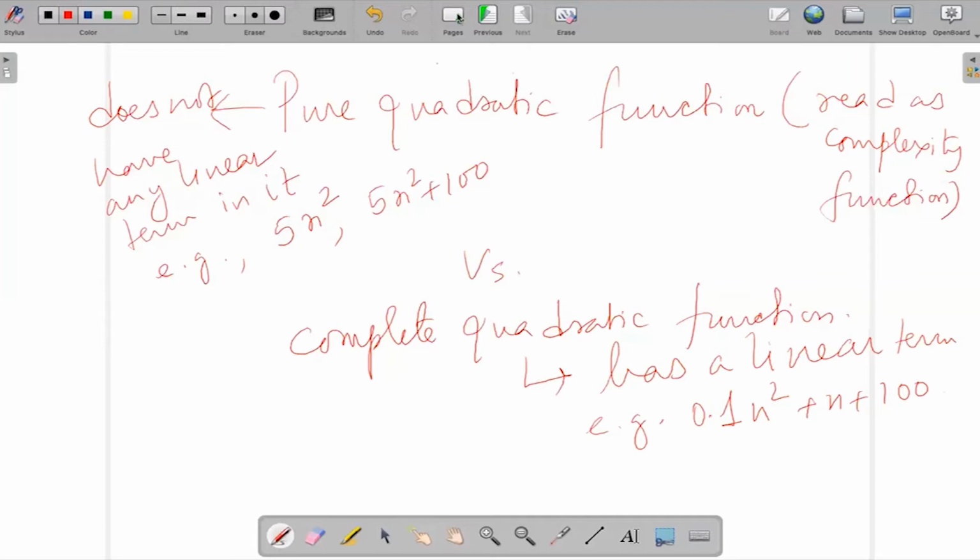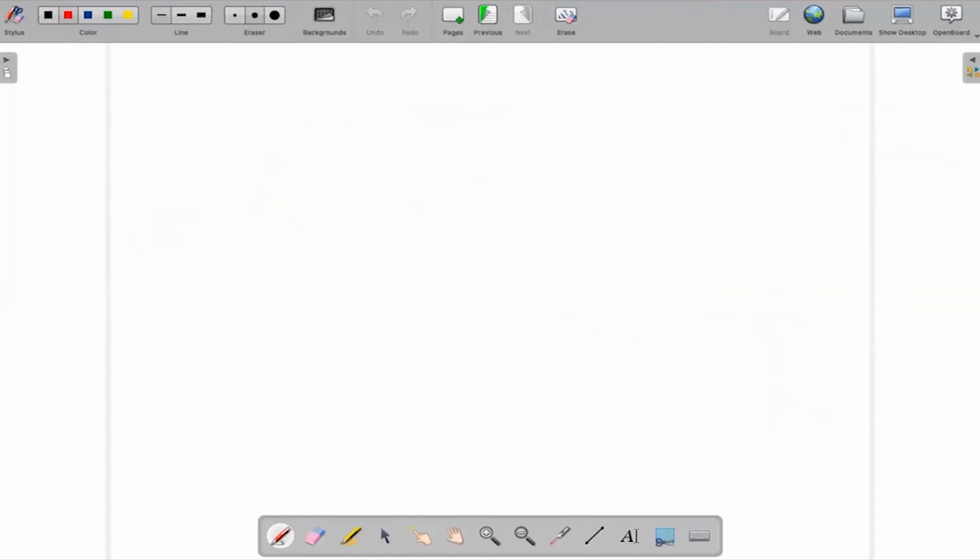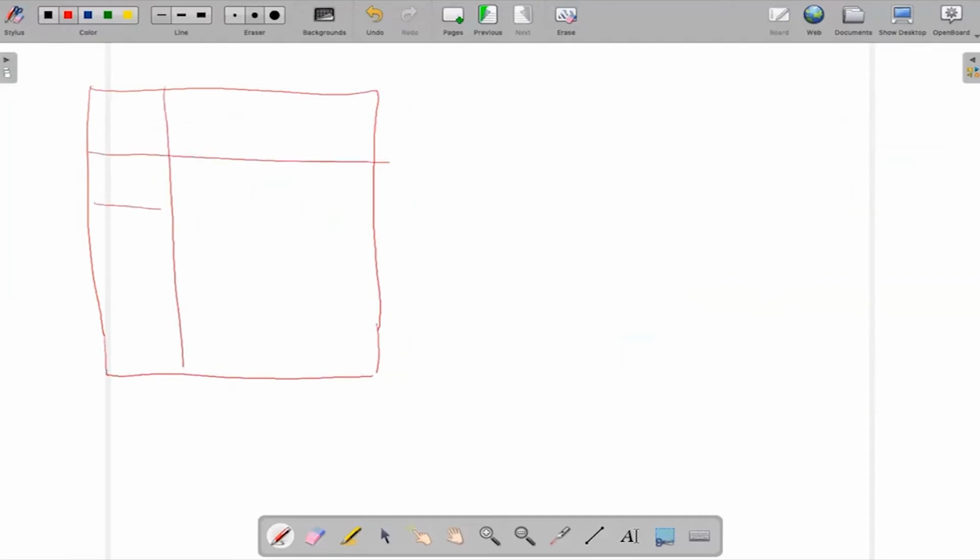Now let us compare a table of values which changes with n. In one column we have 0.1 n square, and in the other column we have the expression that we wrote just now.